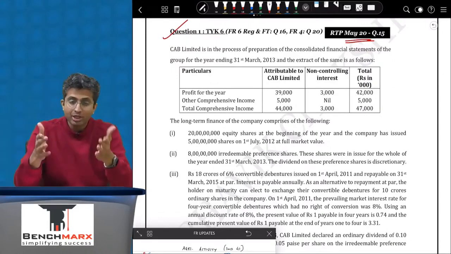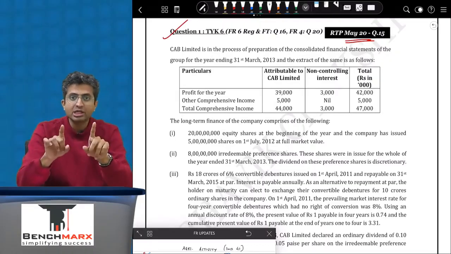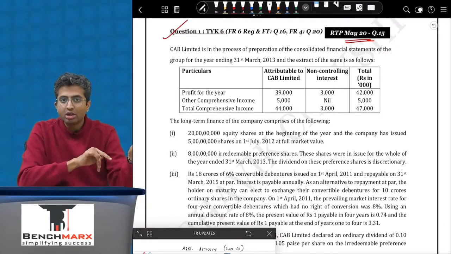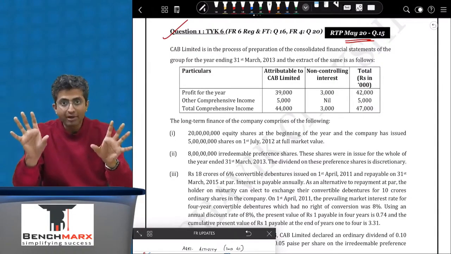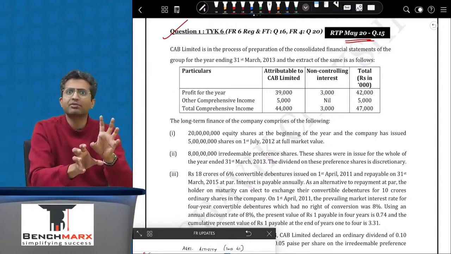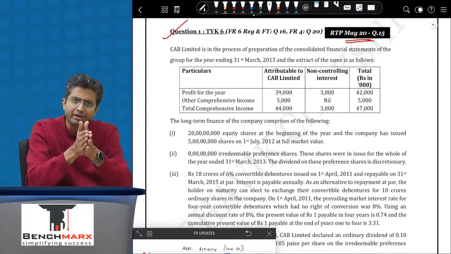Sir, what is the logic? Well, the logic over here is when you take the denominator, you take the number of shares in the parent. NCI holds certain shares in the subsidiary. However, those shares don't enter as a part of the denominator. Well, that means their share of profit should not even enter as a part of the numerator.